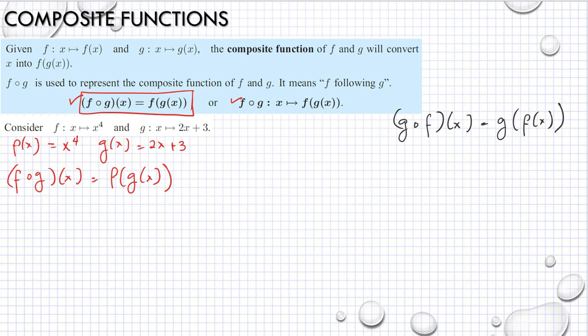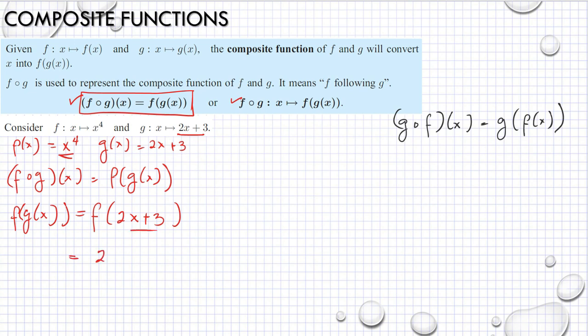Okay, let's start. We have f of g of x. Our g of x is 2x plus 3, but our f of x is x raised to 4.